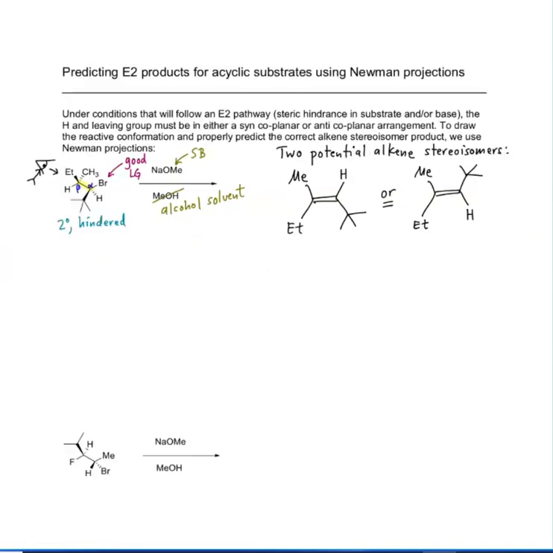So you're going to get one or the other. You can't get both. Okay, so to predict the product, what we're going to do, again, is draw a Newman projection, looking down the alpha-beta bond.